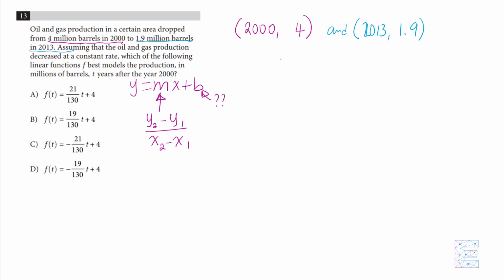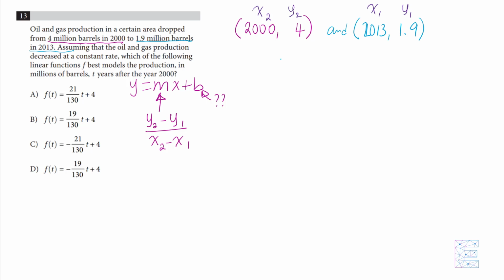Now, to find slope, we want to use this formula, y2 minus y1 over x2 minus x1. By examining this, I think it would be a good idea to call these x1, y1, and call these x2, y2. You can name them however you want. That's just my preference.